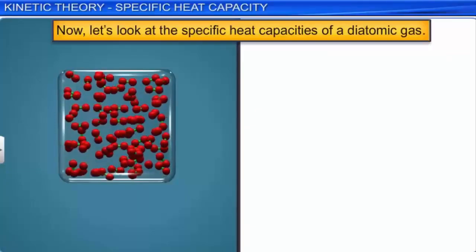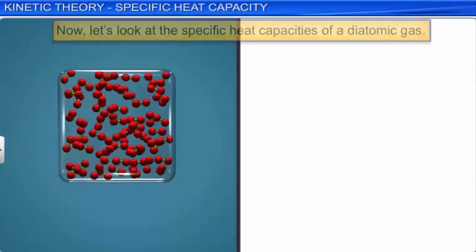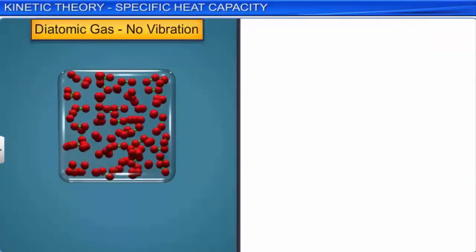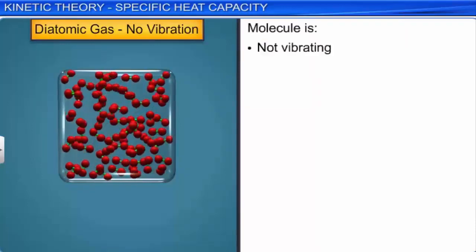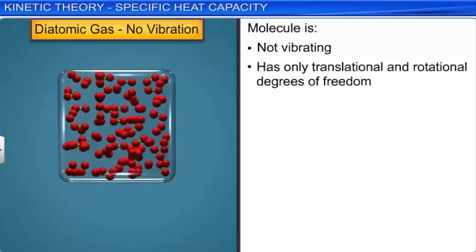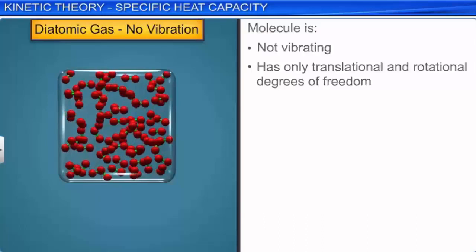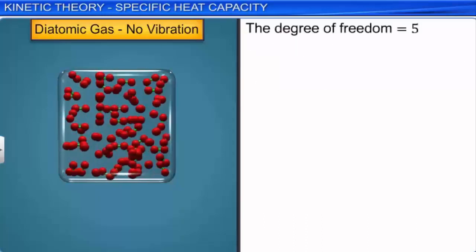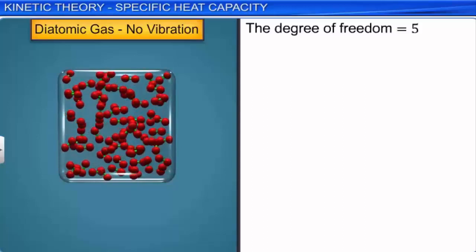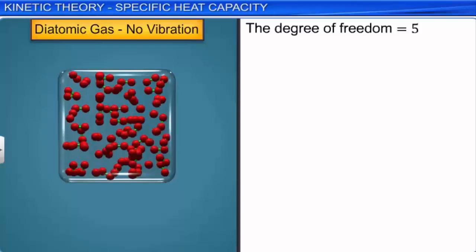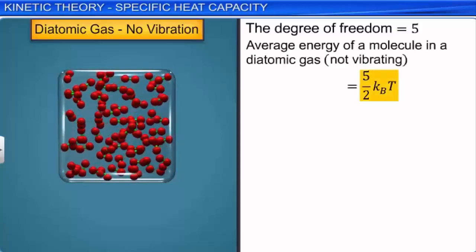Now, let's look at the specific heat capacities of a diatomic gas. In the first case, we will consider that the molecule is not vibrating and that it has only translational and rotational degrees of freedom. Then, the number of degrees of freedom is 5. According to the law of equipartition of energy, the average energy of a molecule is 5 by 2 kBT.